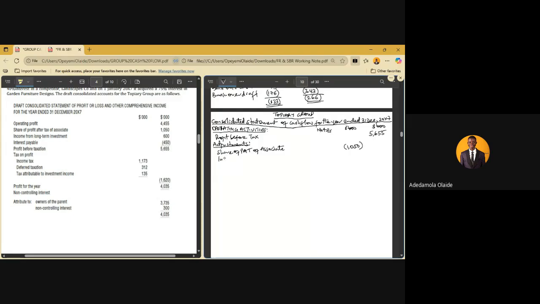Income from long-term investment is not an operating activity. 600. We'll take it out also. Interest payable, 450. It was deducted before, we'll be adding it now.